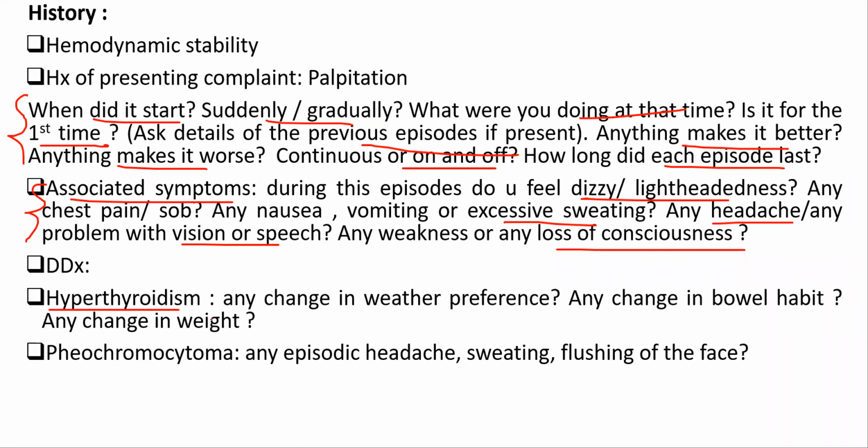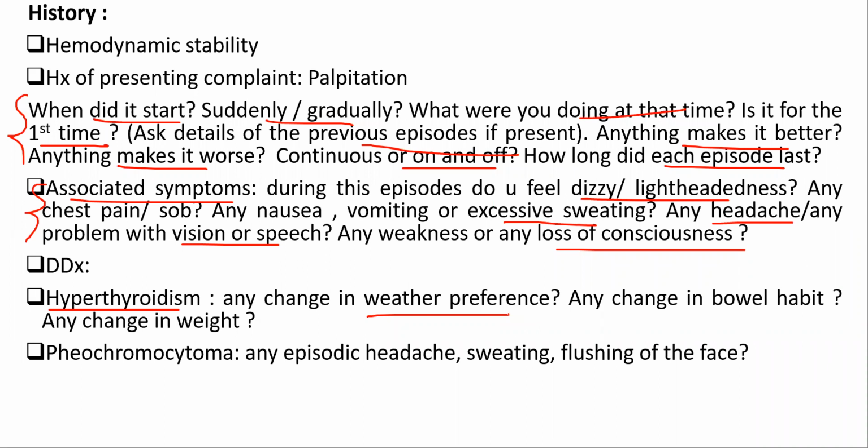For hyperthyroidism, you can ask any change in your weather preference, any change in your bowel habit, any change in your body weight. Many patients who have hyperthyroidism feel very hot all the time. So they will say that even in very cold weather, I feel extremely hot and sweaty. They can say that I always like the cold environment, not the hot.